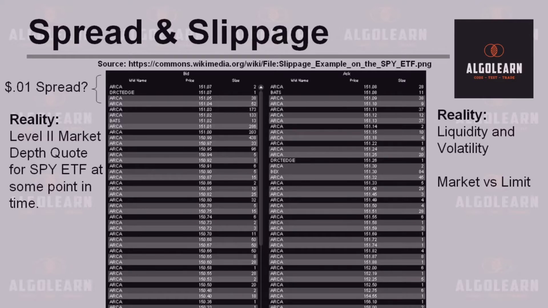Or if I wanted to sell a lot more shares, there could definitely be more slippage, particularly on the buy side. If you wanted to buy 20,000 shares, you're going to be going down that list pretty quick, and you're going to slip quite a bit.